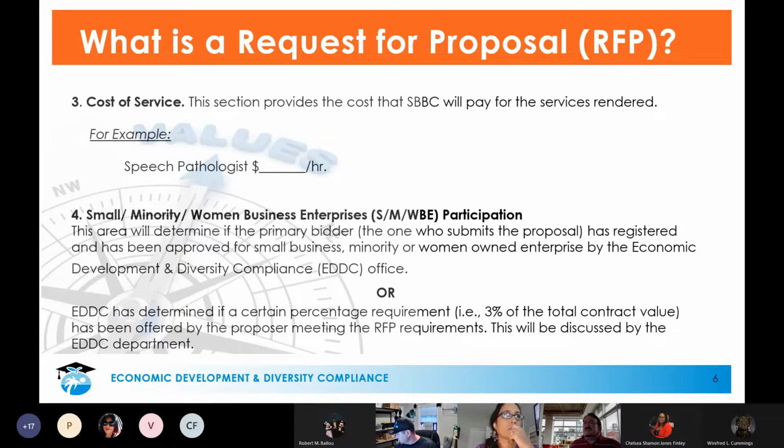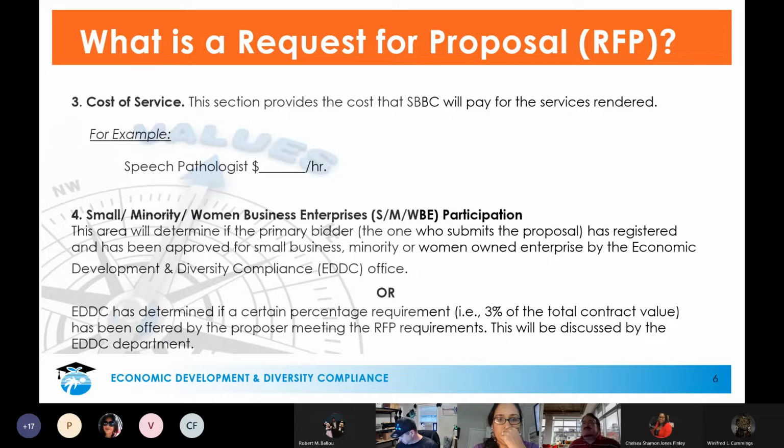So for an example, if we have 20 points allotted for that cost section, you would take that percentage and multiply it by 20, which was the maximum point value, which will give you your actual point value for that cost of service for that vendor. It'll make more sense once I go through and show you an exact copy of an RFP. But I just wanted to prepare you so that when we come to it, you'll say, oh yeah, that makes sense now.